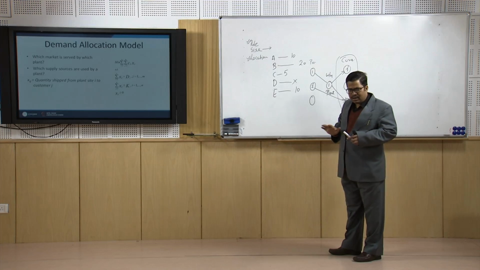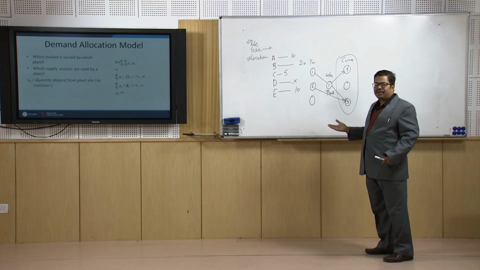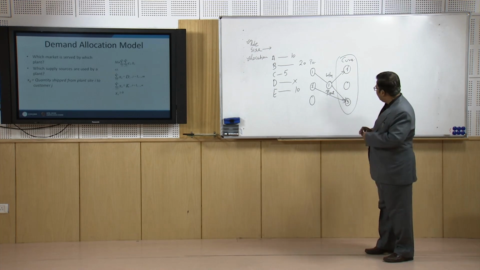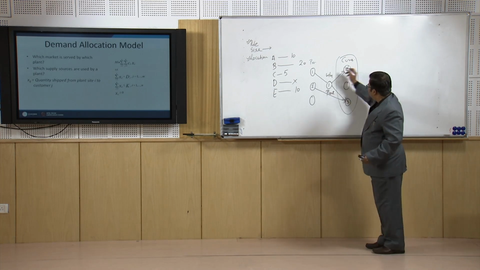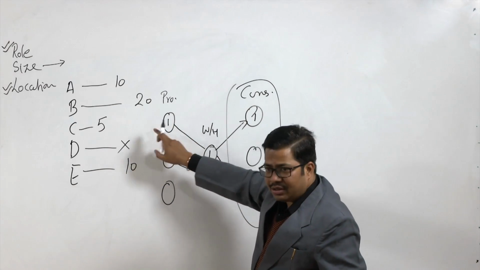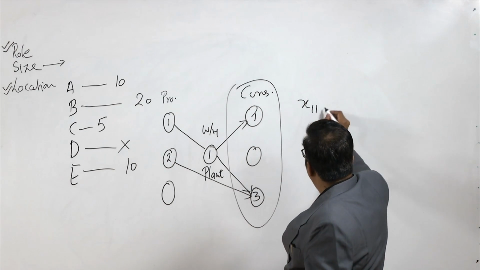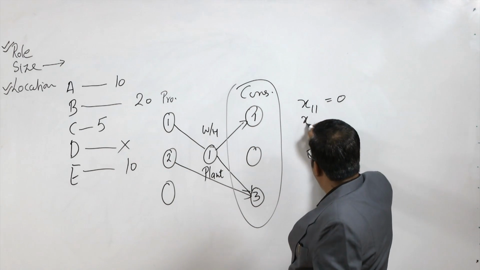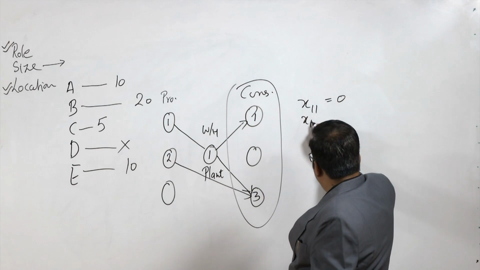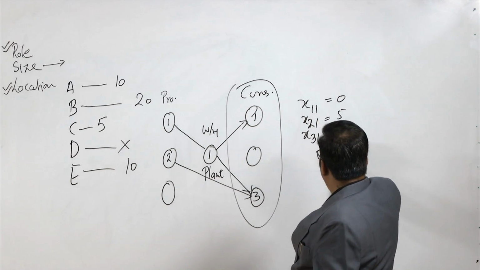It is quite possible, once you develop this model and solve it, that if these are the sources and these are the destinations, x11 is equal to 0, x21 equals 5 and x31 equals 5.